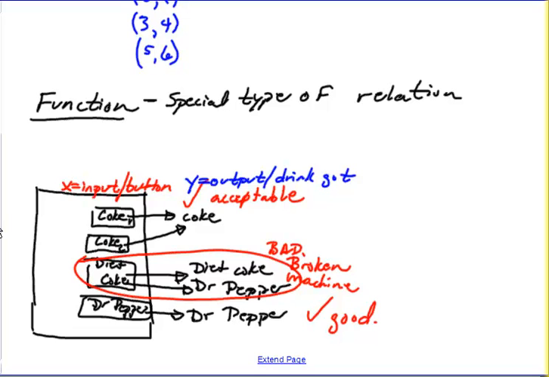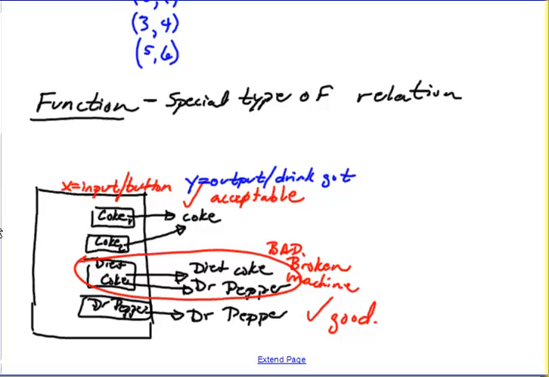Something else a lot of times mathematicians will point out at this point is when you're talking about X and Y, these numbers that we're going to say work in a special functional way that we're defining, they'll say, you know what I'm drinking is going to depend on which one, the button I push or the drink in my hand. What's the number one thing that's going to tell me what I'm going to get in my hand? It's the button, right? This input can also be known as the independent variable.